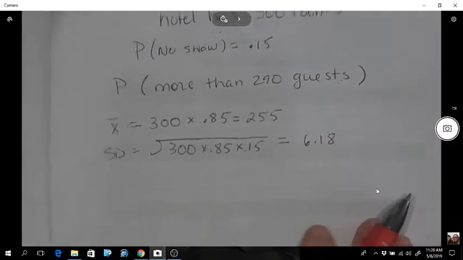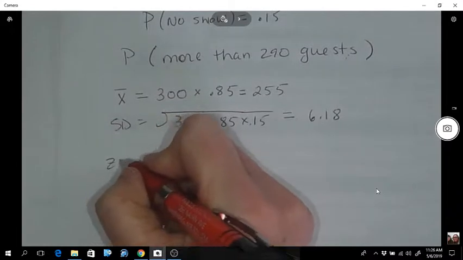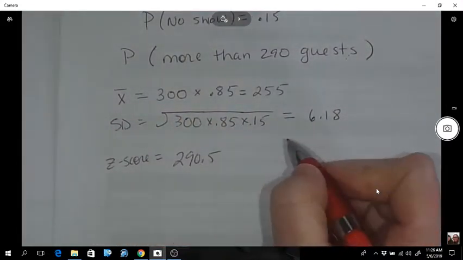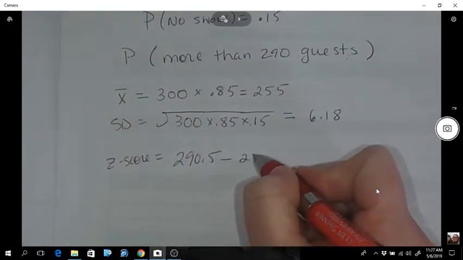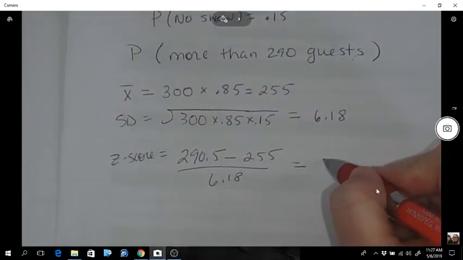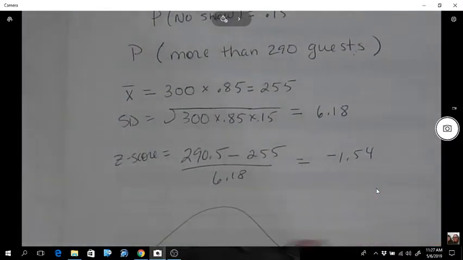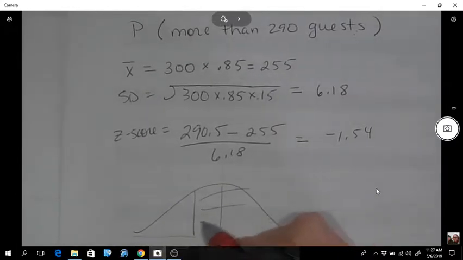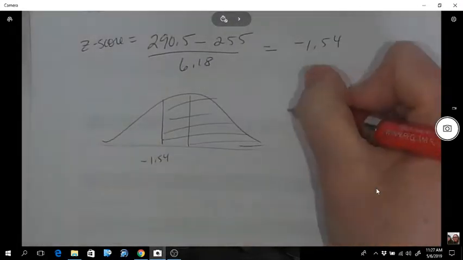Okay, so we're going to be testing with this as our x value. Since we're going to do more than, we're going to use 290.5. So what is the z-score that relates to that? So 290.5 to represent more than 290, minus your mean, divided by your standard deviation. So your z-score is negative 1.54. And you want the probability of more than. Okay, so chart lookup.